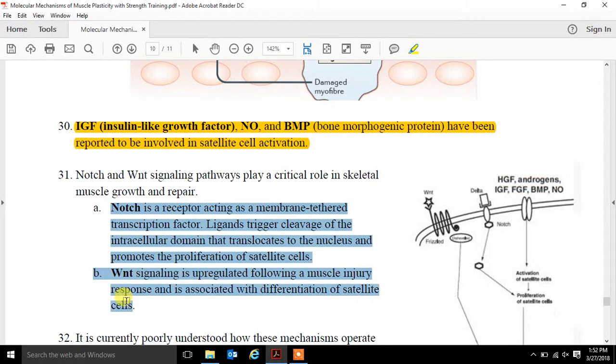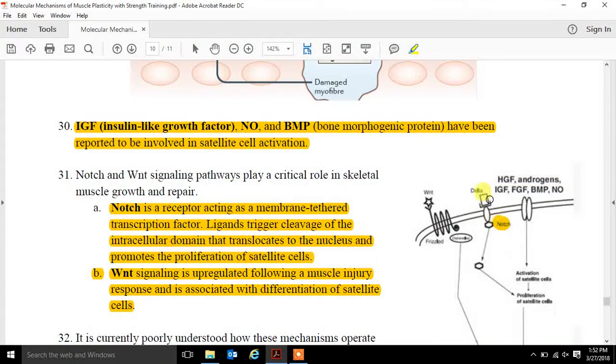I'm just going to highlight these two. They make nice true and false type questions. So Notch is a receptor. Ligands trigger the cleavage of its intracellular domain. So here's our Notch signaling over here.